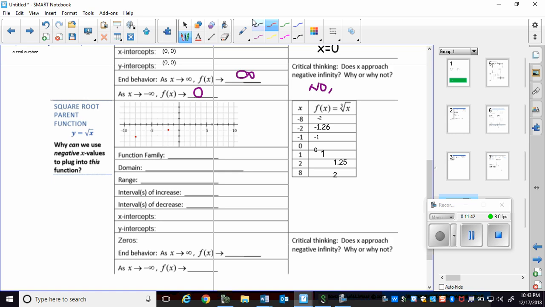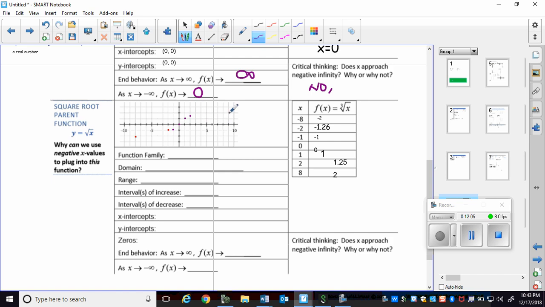Then (-1, -1), (0, 0), (1, 1), (2, 1.25), and (8, 2).